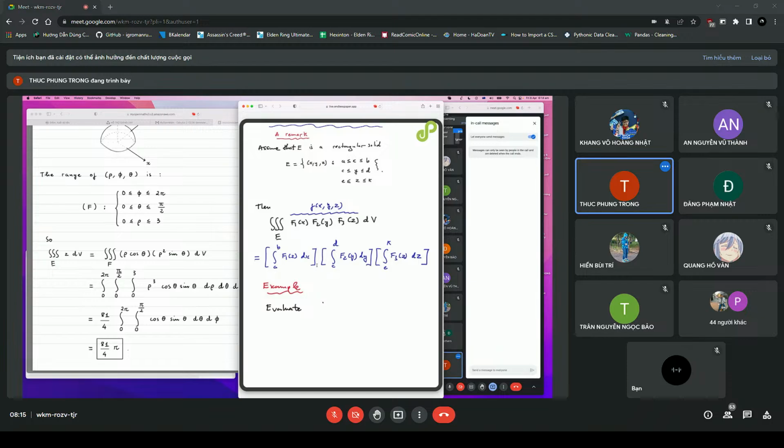Now you can see that this is a very special function because x, y, and z are separated into three different terms, right? So exactly in the form we have now. You can immediately see the answer like this.